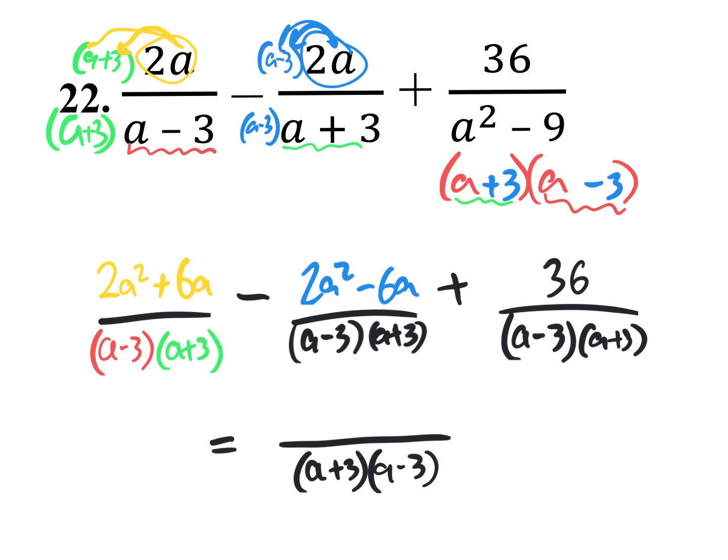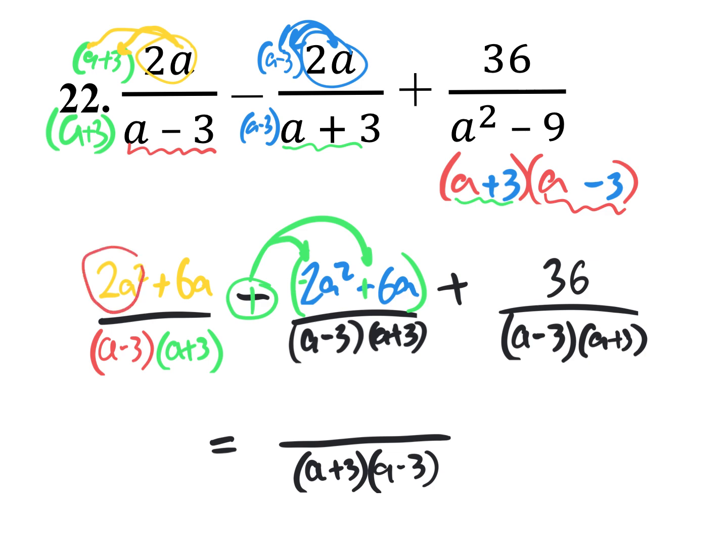So now let's go through and actually subtract and add the numerators. So this one is very important that you recognize that that minus sign has to get distributed to both terms because it's a binomial in that numerator, okay? So before combining terms, that minus sign has to go in front of that 2A, making it a negative 2A. That minus sign has to go in front of that minus 6A, making it a positive 6A. So we've already distributed that minus sign in, so now you could actually go through and combine like terms.